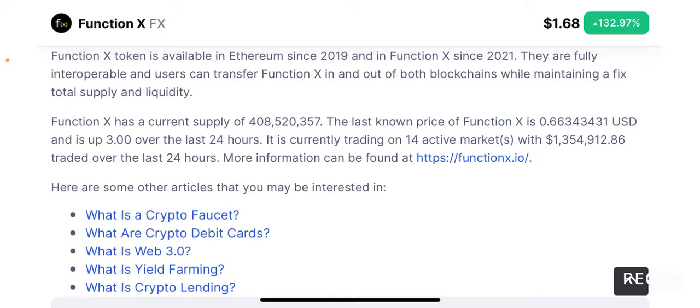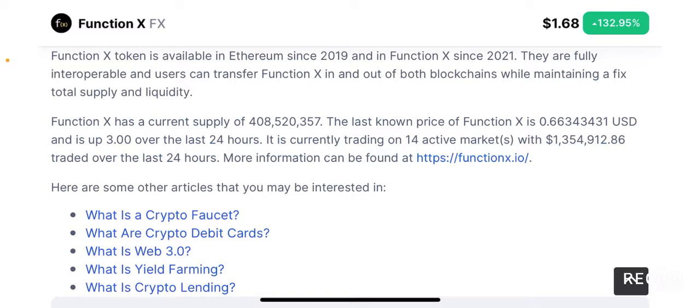So Function X initially started off as an Ethereum-based ERC20 token from 2019 onwards, but they technically are their own blockchain, and therefore they're available on their own blockchain since 2021, which is again early 2021. They're fully interoperable with Ethereum, and they're also planning to make it interoperable with multiple other chains as well, in such a way that you can basically transfer the token in and out of two different blockchains.